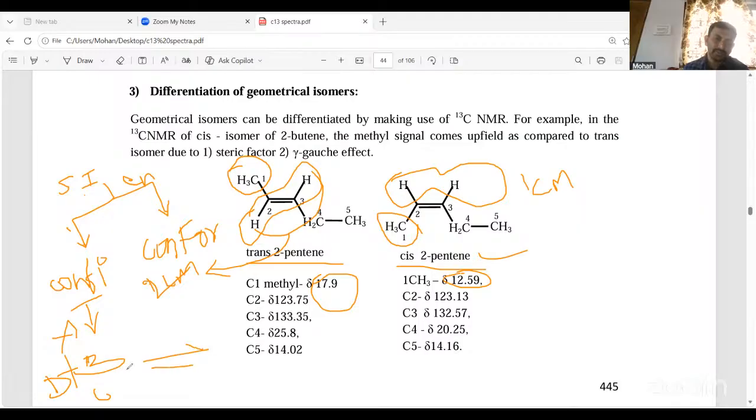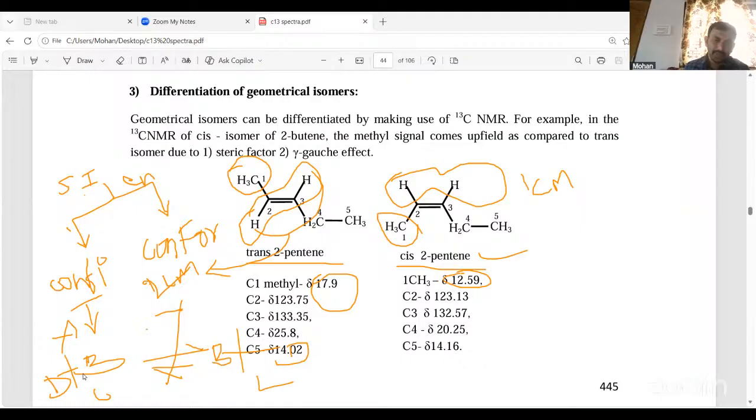So this is R, for example, and the other is D, for example. These are the enantiomers here.